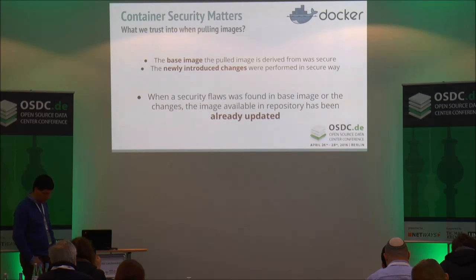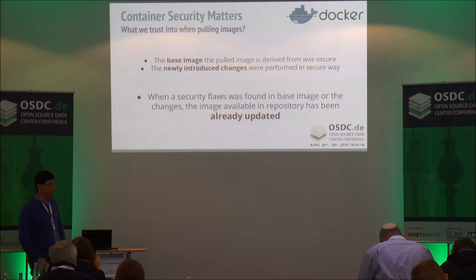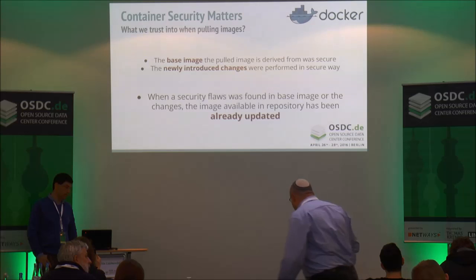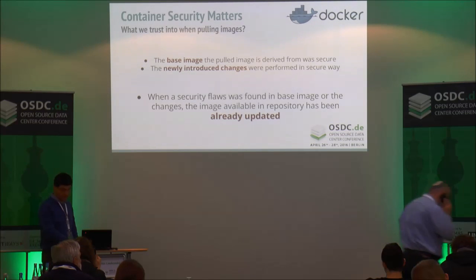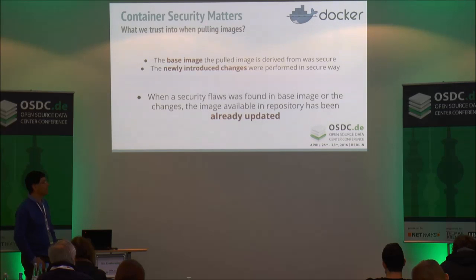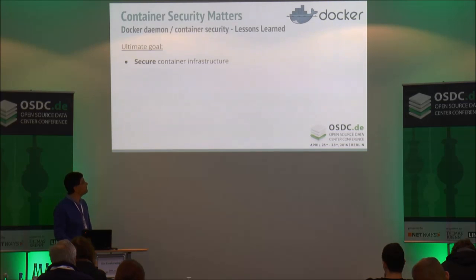And if there is some security flaw in the base image or in the changes, we trust that the content we retrieve has already been updated. So basically, just by pulling the image, we assume three facts to be already met.